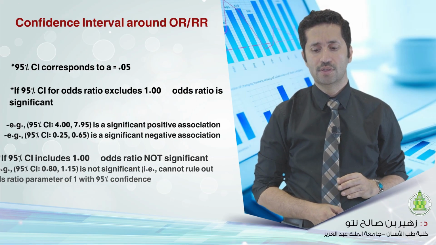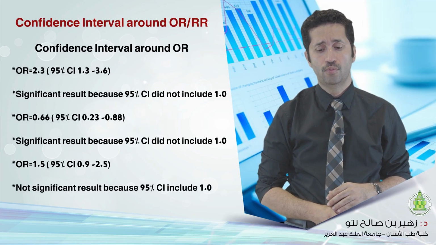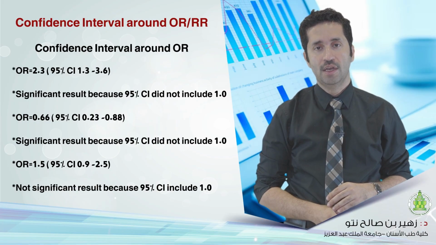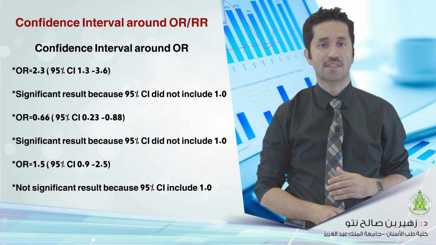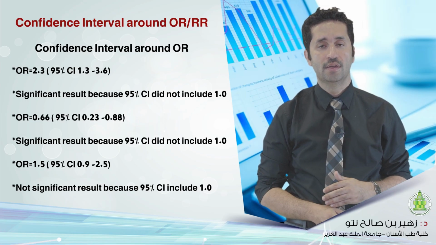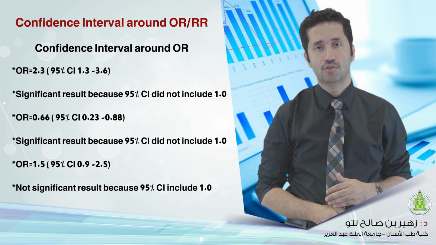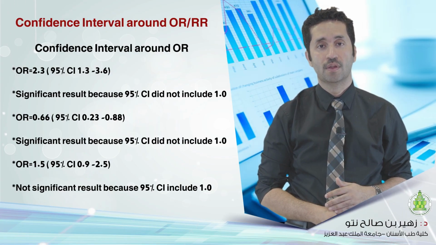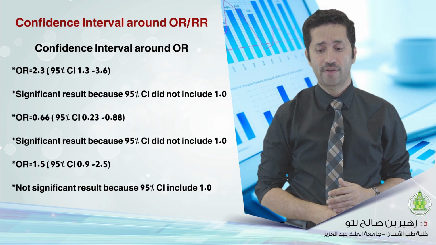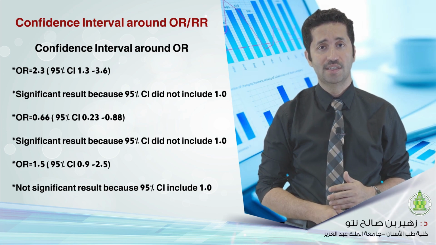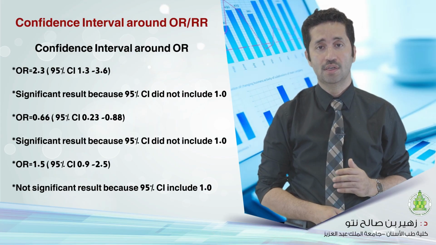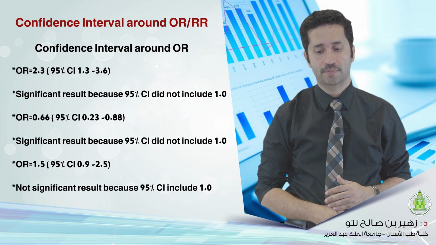So let's see those examples. Odds ratio 2.3, confidence interval range between 1.3 and 3.6. It means the first group is higher than the second group by 2.3 times. And the confidence interval range between 1.3 and 3.6 means the result is statistically significant because it did not include 1.